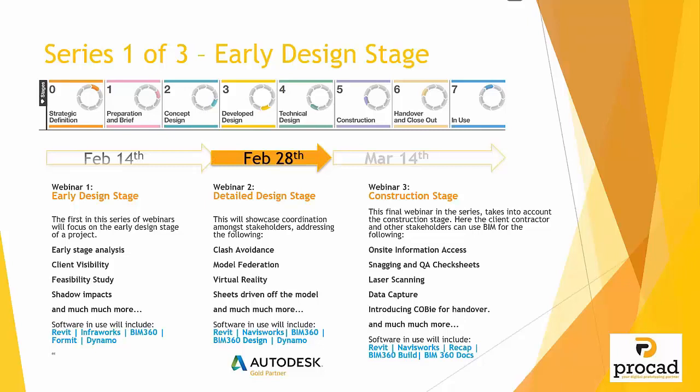We'll also show a bit of BIM 360 Glue. We'll start working with creating a federated model and raising issues against that, and then we'll show virtual reality, and then start creating room data sheets off the models as well. There'll be a bit of BIM 360 Design as well, which is more collaboration, and we'll showcase that.